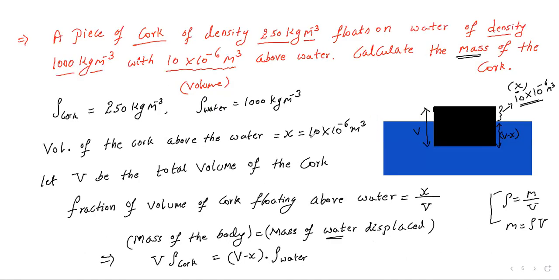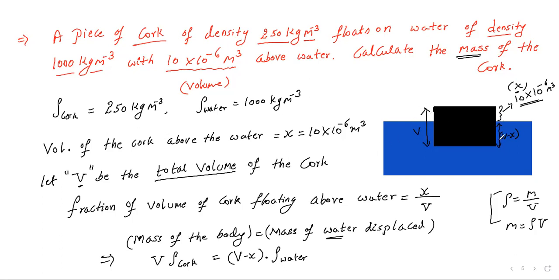Let's check it once again. The density of the cork is given. Density of water is given. The volume of the cork above the water level is also given, 10 into 10 power minus 6 meter cube. Let capital V be the total volume of the cork.